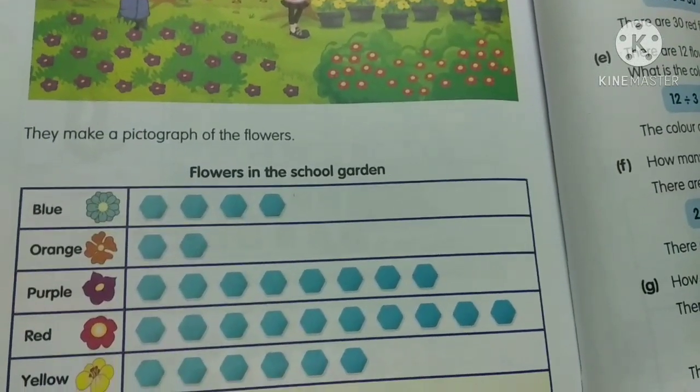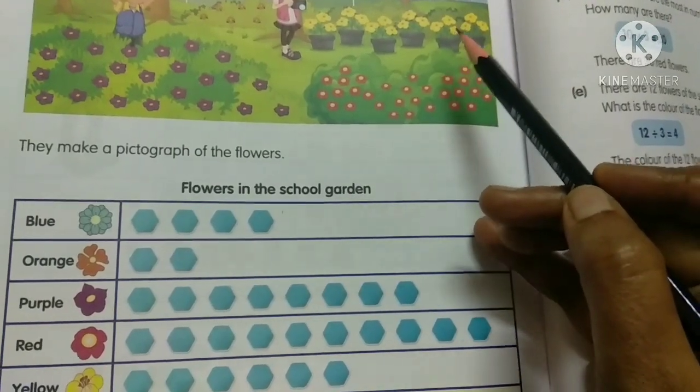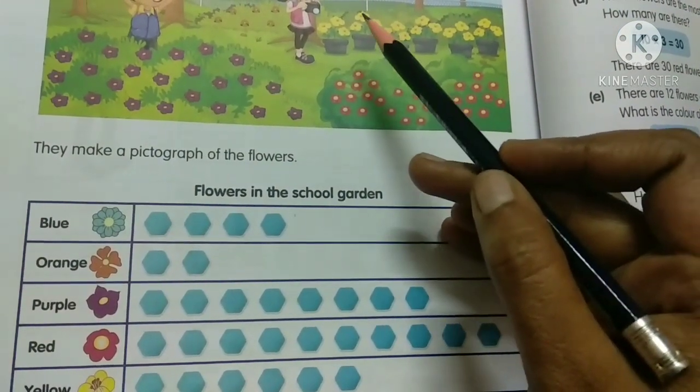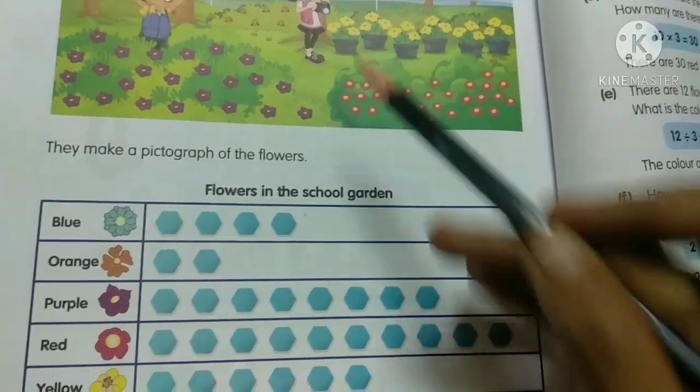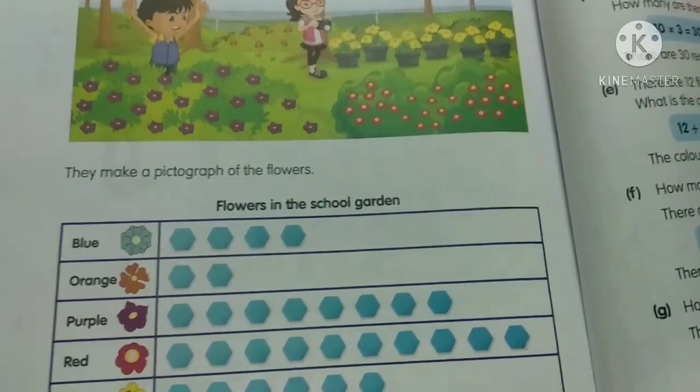Then yellow, that is 1 to 18. This many flowers are in the garden.